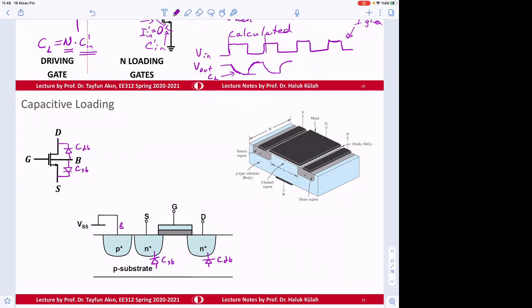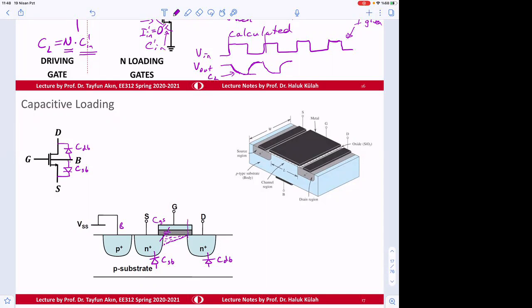But if the transistor is in saturation, with the N channel, there's going to be a capacitance here, C gate to source.